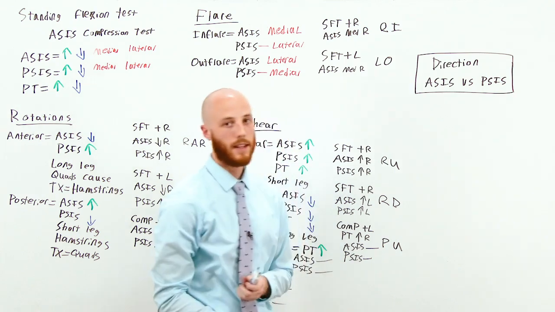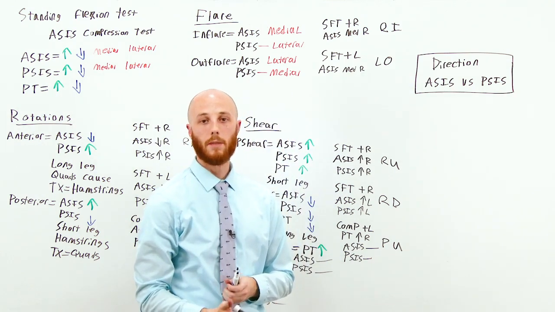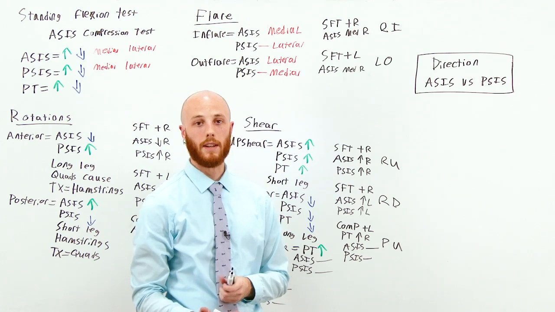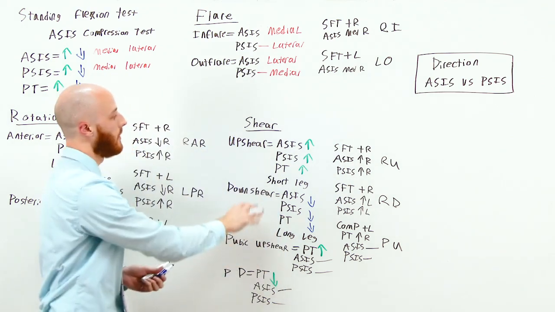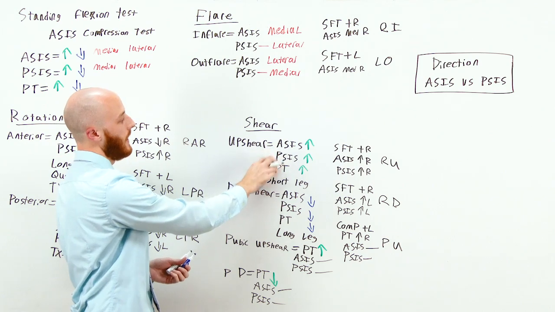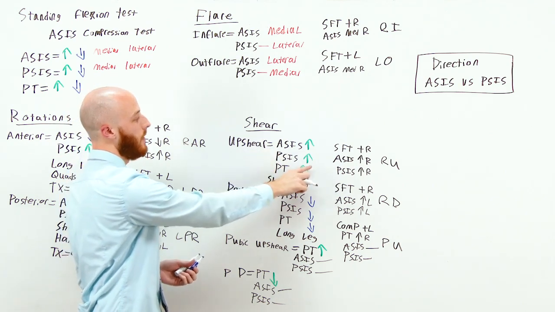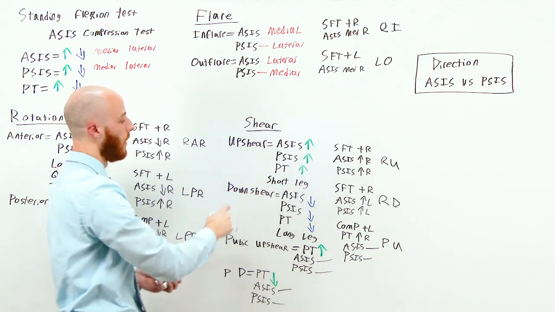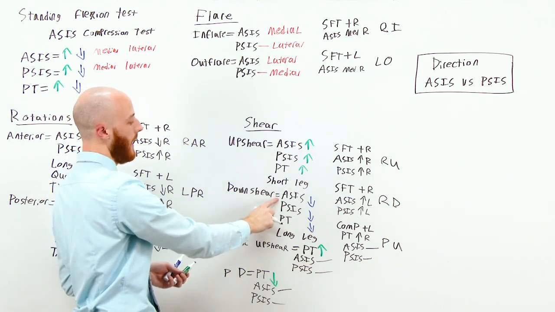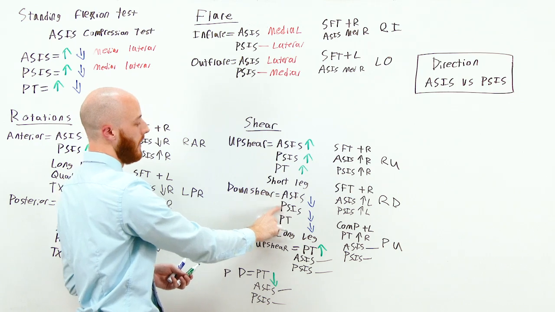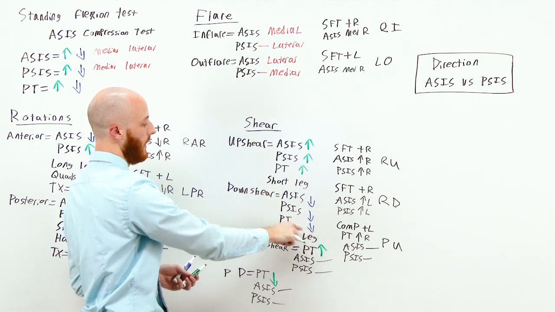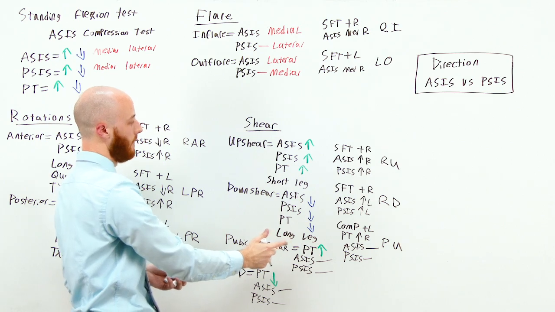So your ASIS can either be superior or inferior, and your PSIS can be superior or inferior. If you've noticed, for shears, for an up shear, the ASIS and PSIS are both superior, or for a down shear, the ASIS and PSIS are both going inferiorly on the same side.